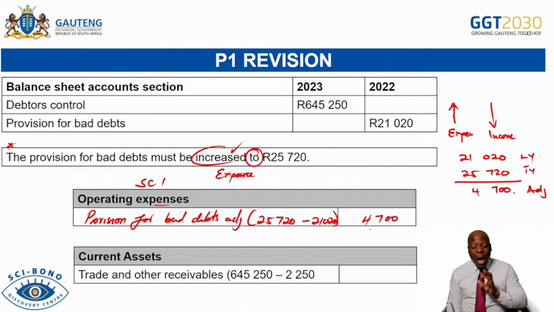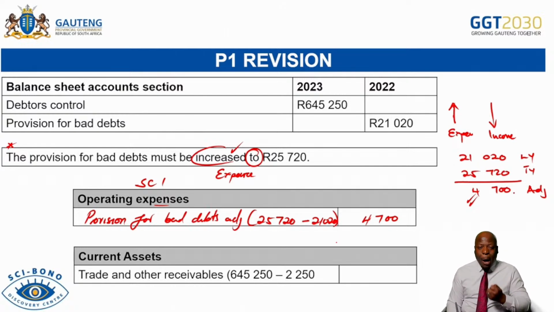That is how I would record the expense. Do not make a mistake of bringing the 4,000 into the bracket. The 4,700 is the answer because in the statement of comprehensive income, we record the adjustment, which is the 4,700. But remember, this also affects your statement of financial position.